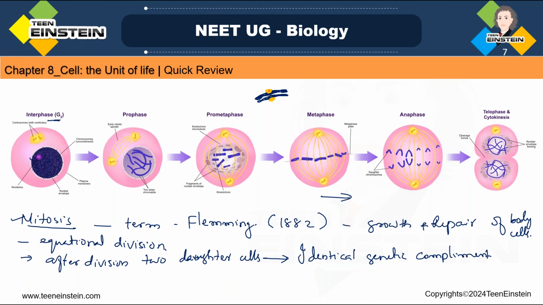To this kinetochore, from the top side the spindle will get attached, and to this side from the down side the spindle will get attached. Here you can see it will come to the center and it will get arranged.